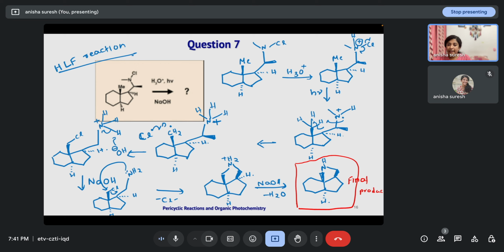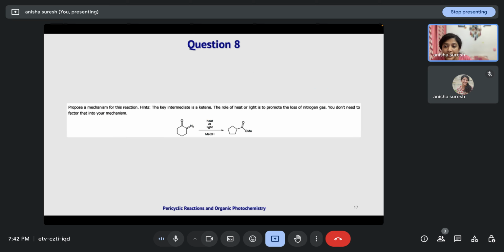Is there any doubt in the mechanism of this reaction? If there are no doubts, we can move to question number 8.